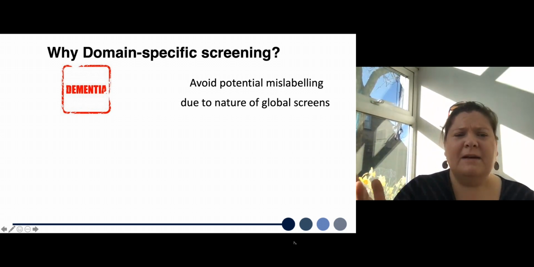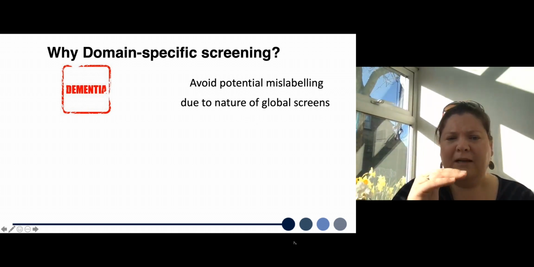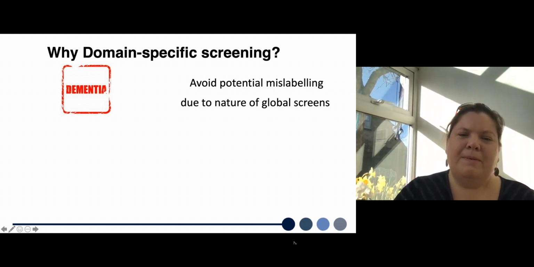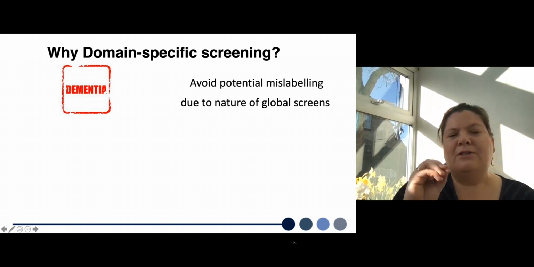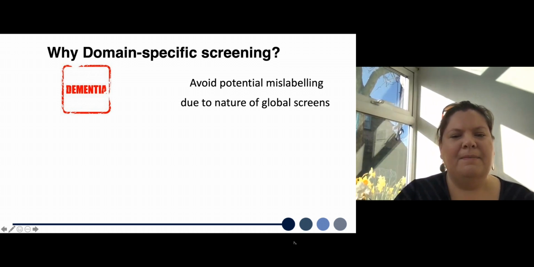That dementia may not be on a declining profile, but most people inherently will assume that this is a decline, because once that label has been put on you, you don't really think, oh, it's just a cognitive impairment. People will think, okay, this is the start of a declining slope.